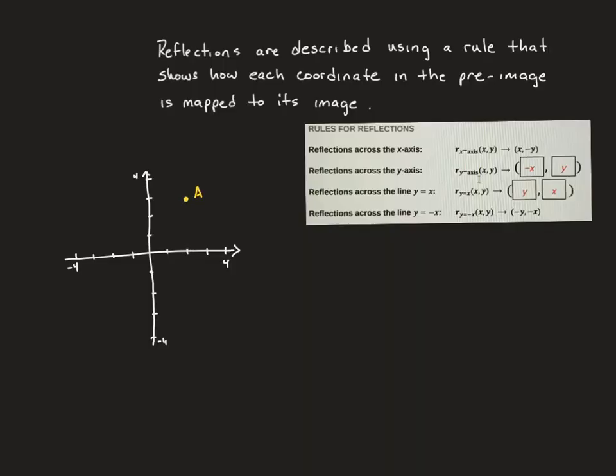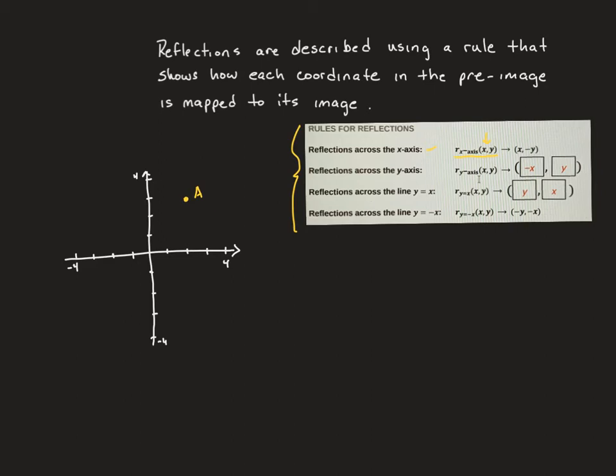Now, reflections are described using a rule that shows how each coordinate in the pre-image is mapped to its image. And what you see here are the rules for reflections. When we are talking about reflections across the x-axis, our pre-image is (x, y), and it maps to (x, negative y).